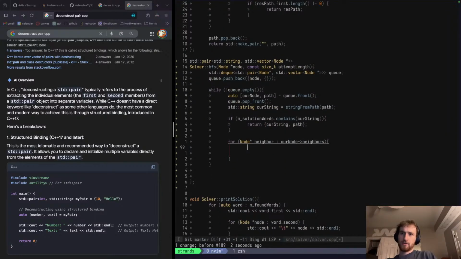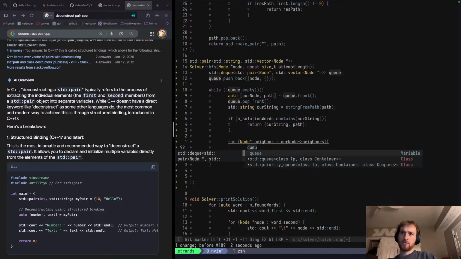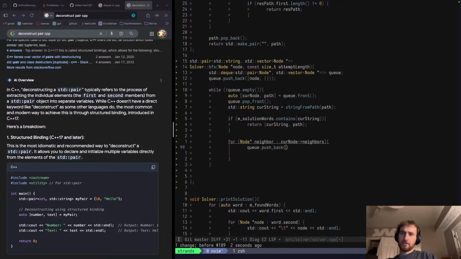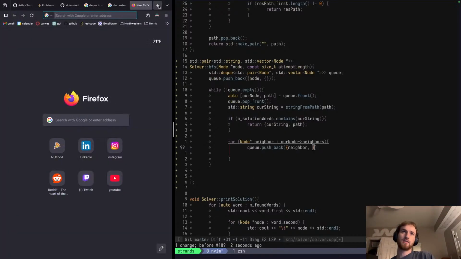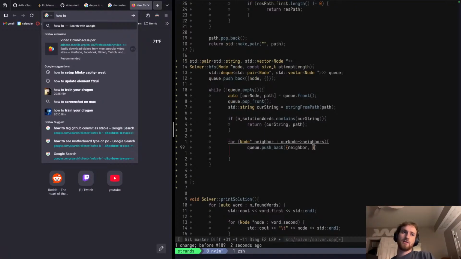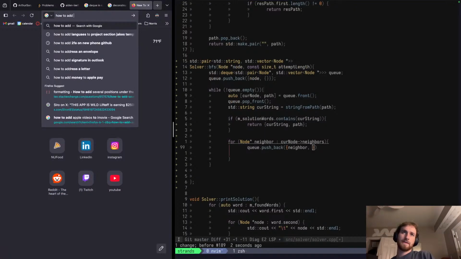Else for the node and nodes, we would push back the neighbor and... what's like the good way to do this?